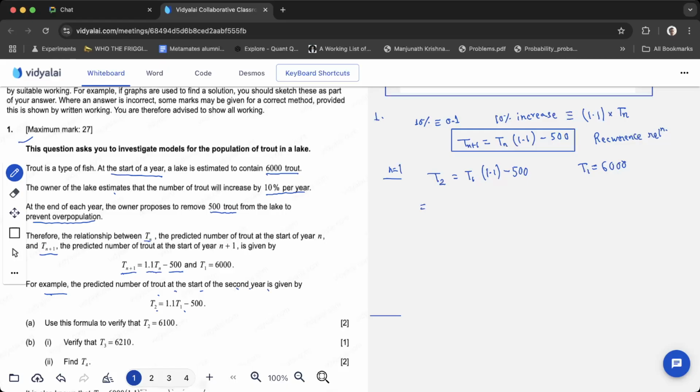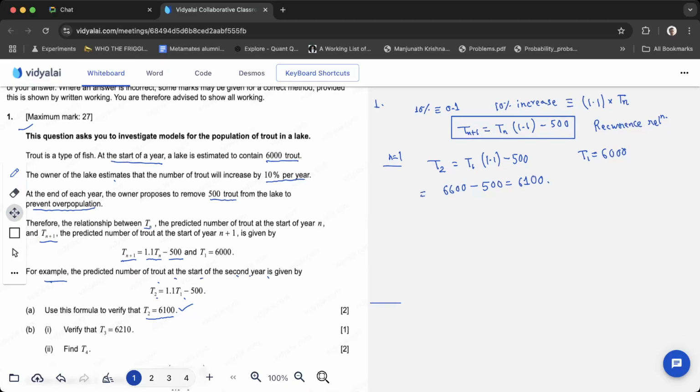Multiplied by 1.1 gives you 6,600, minus 500 equals 6,100. The first answer is to verify T2 = 6,100 using this formula. So this is part A.